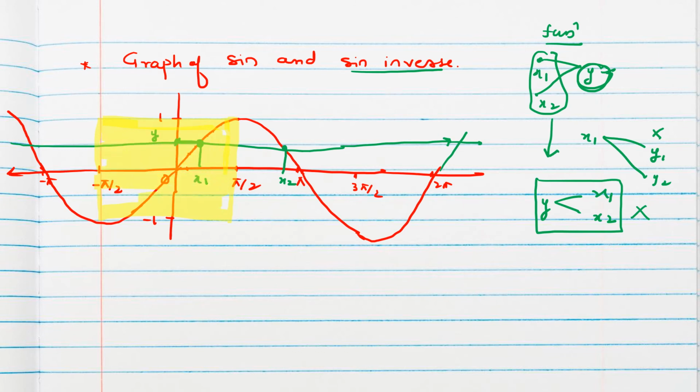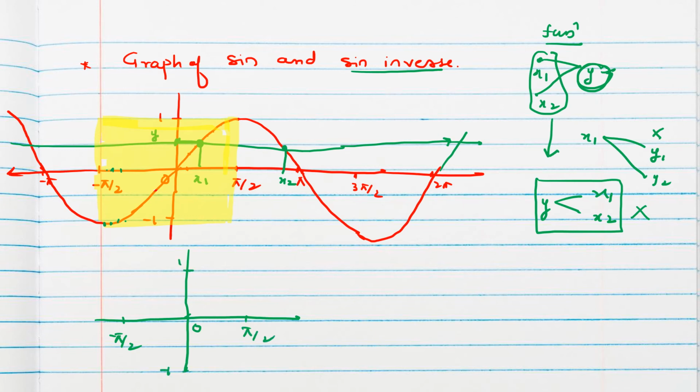okay, this much area if we consider, then for each element in the domain there will be a unique element in the codomain. Okay, we can do the horizontal test here. I will draw it separately. This is minus pi by 2, 0, pi by 2, 1 and minus 1.